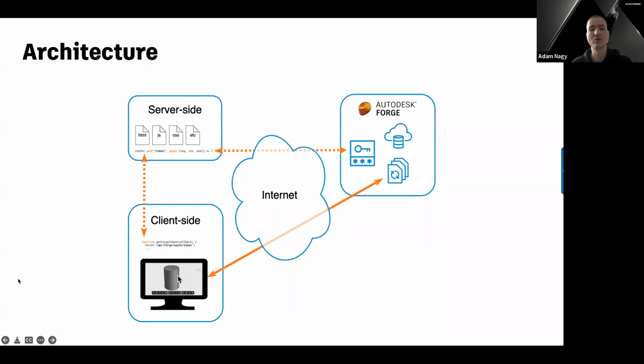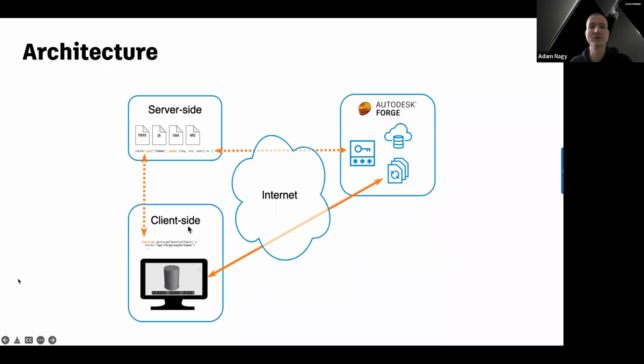So the client side code will not interact directly with Forge, because it's a good practice to keep your access token just on the server side, because it has too much power. It has all the scopes enabled for the access token that could start running all your work items on the design automation server.